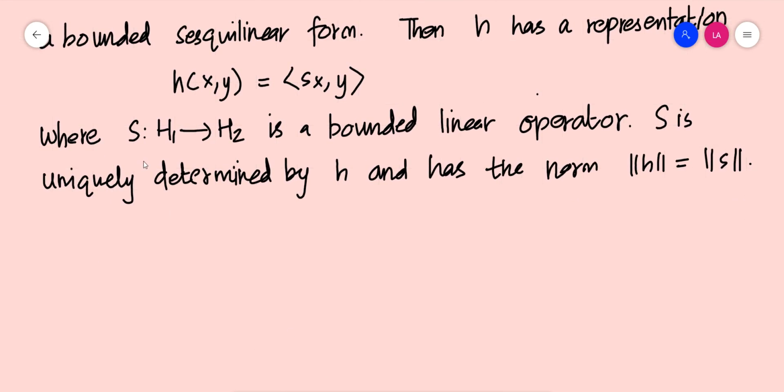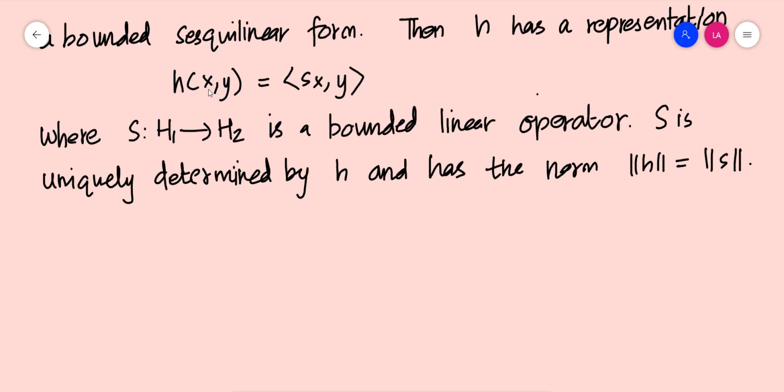it is given that h is a sesquilinear form defined from H1 cross H2 to K. Now, if it is a bounded linear functional, using Riesz's theorem, we can easily represent it in terms of an inner product. So our first objective is to convert this h into a bounded linear functional with regard to one of its components, because it has two components.